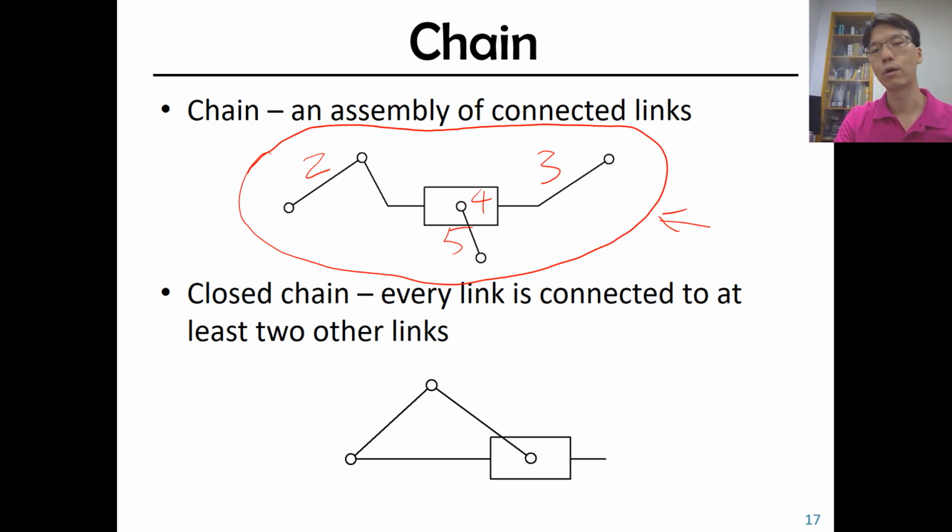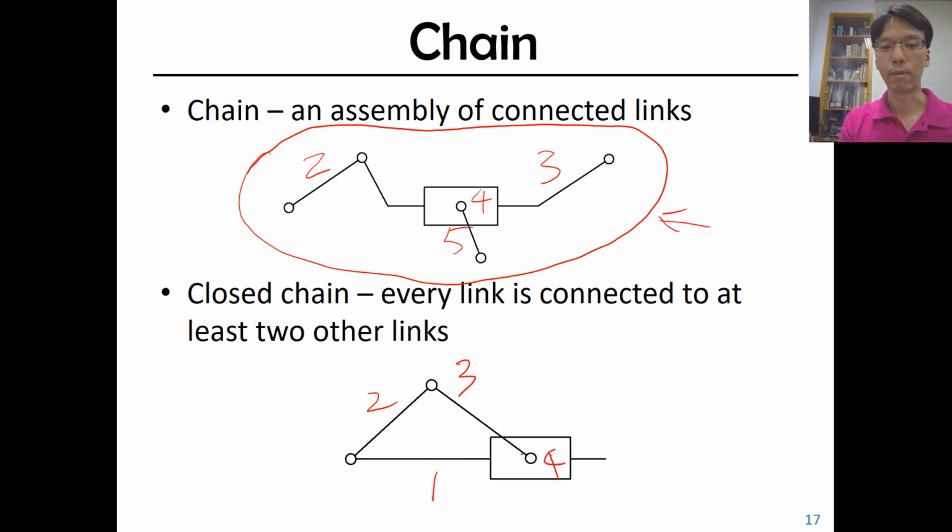But we don't call it an open chain, we just call it a chain. For a closed chain, every link is connected to at least 2 other links. So let me assign a number to them first. Say every link is connected to at least 2 other links.